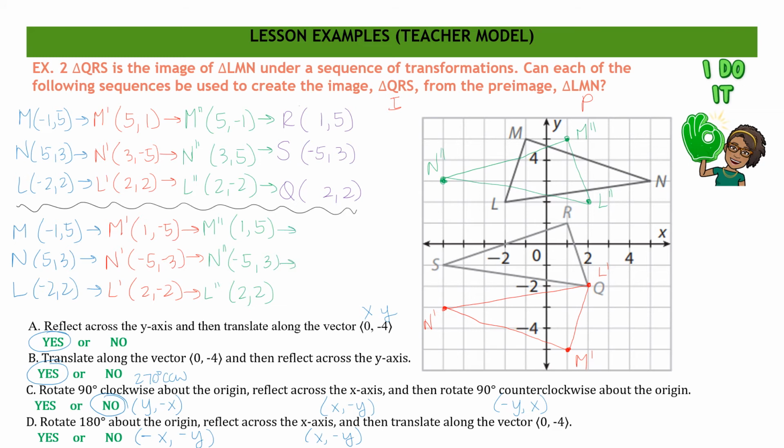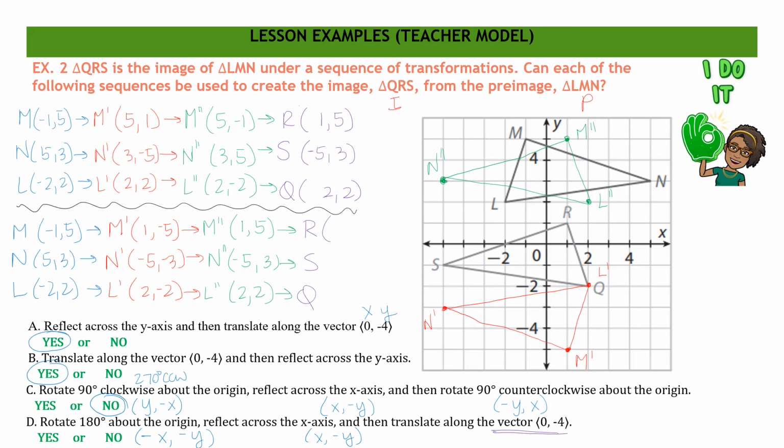Now we have our very last transformation, and that is our vector here. So it tells me that I am going to take these points, and they should bring me back to my original points that I have here in the problem.